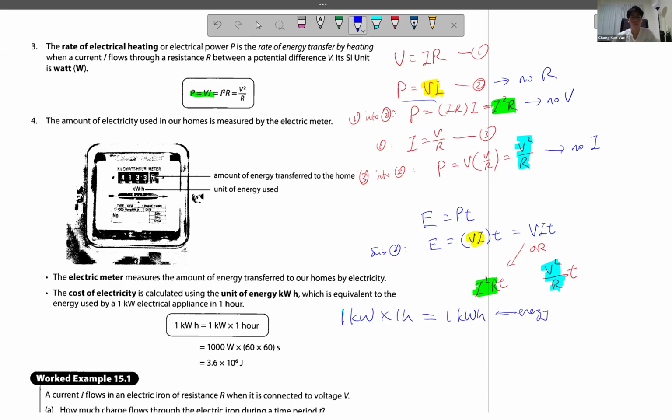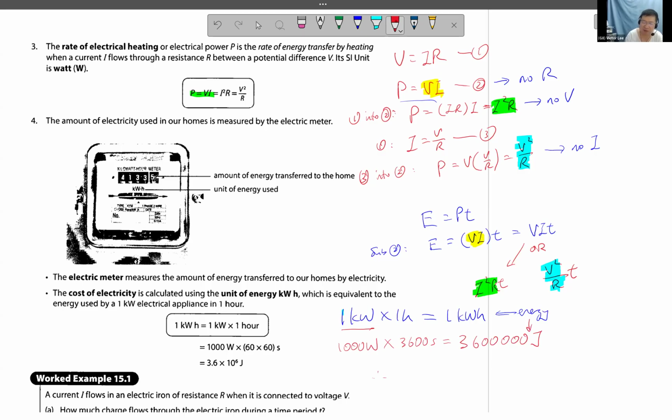But I can convert to joule. Look carefully at what I'm doing. 1 kilowatt is 1,000 watt, times time, 3600 seconds, because the SI unit is watt and second in this case, equal to 3,600,000 joule. And this is also energy.